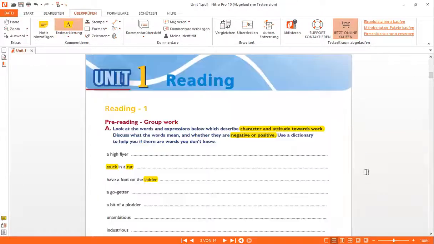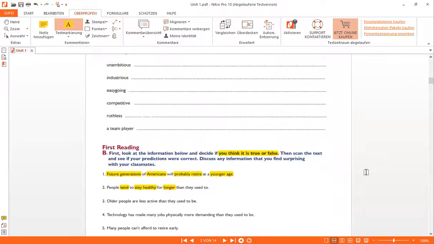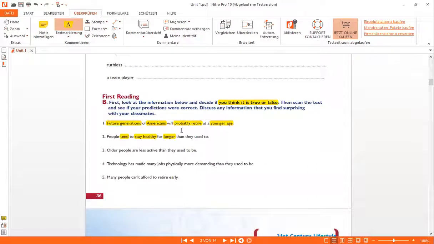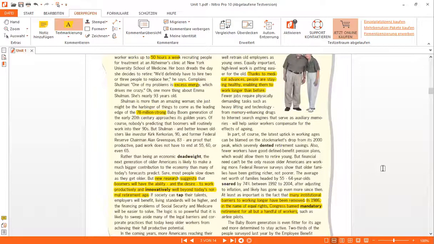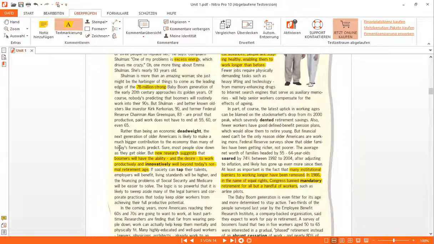Okay, so how did we get that? We tried to find a lot of our keywords here, and we've got future generations, which is represented by the word boomers. And then we've also got the word retire. The word retire appears a number of times, so it's not a very important keyword.